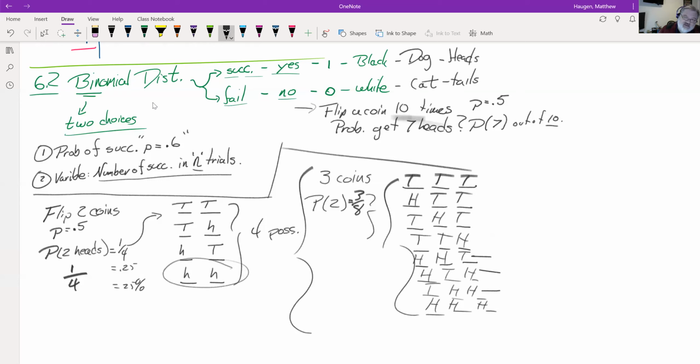And luckily, yesterday we talked about that. Remember our factorial discussion on figuring out how many ways we can arrange things? So we're going to use factorials to figure out how many ways we can arrange what we want versus how many ways can we arrange what's going to happen, and build a nice tool for finding these probabilities.